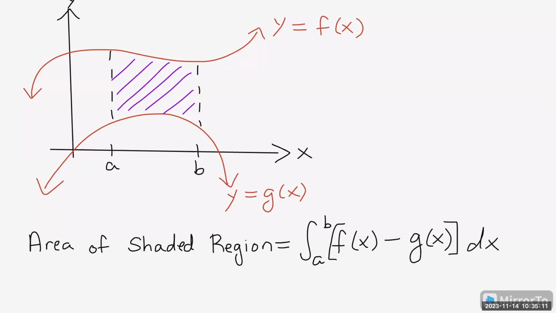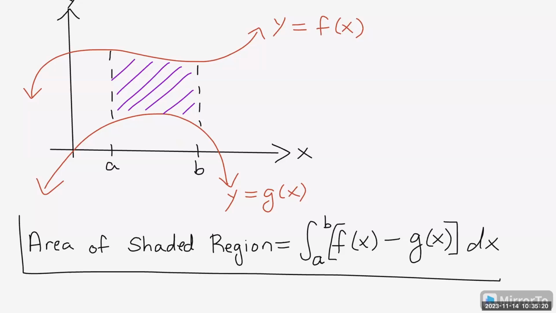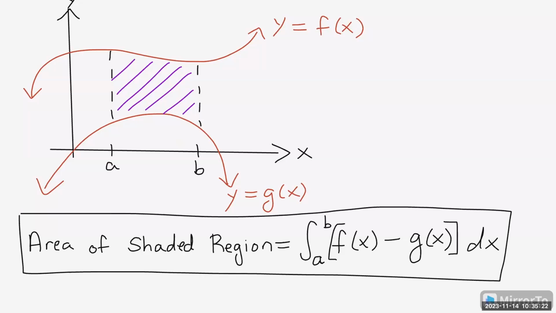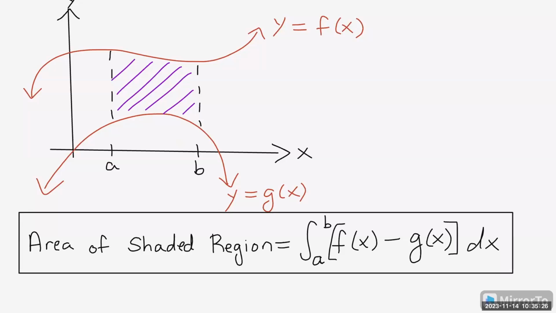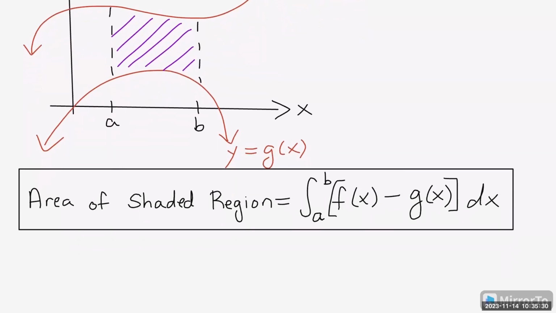You'll set it up as a definite integral, and I'm just going to box this here. Just make sure that you put the curve that's on top first in your definite integral, because it's always going to be the top curve minus the bottom curve.